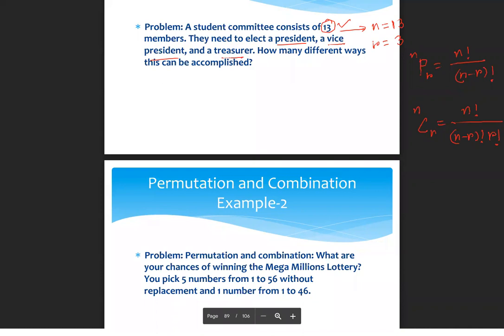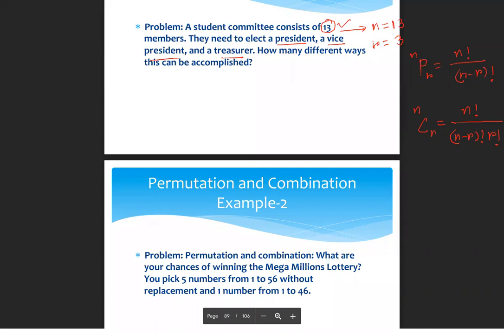Now, which one of these formulas would you use? Basically, the problem is asking how many different possibilities for president, vice president, and treasurer from a group of 13. In essence, you're selecting 3 people from a group of 13 people. Now, how do you figure out which route to take? Are you going to do permutation or combination?